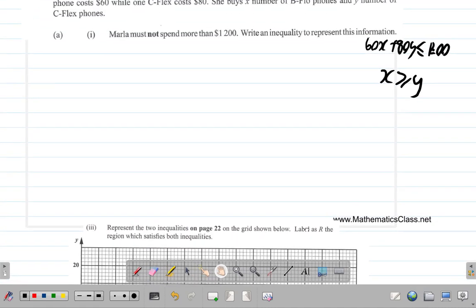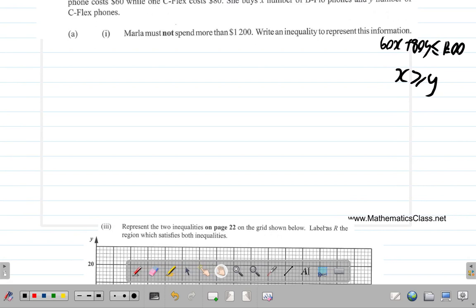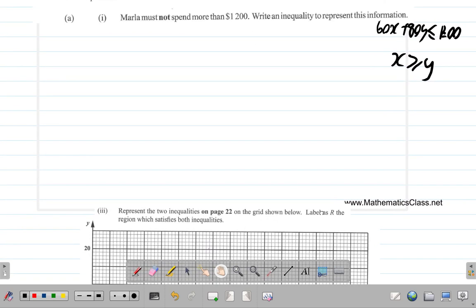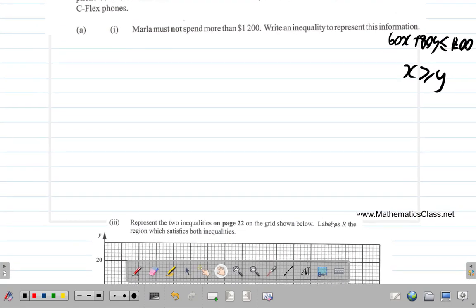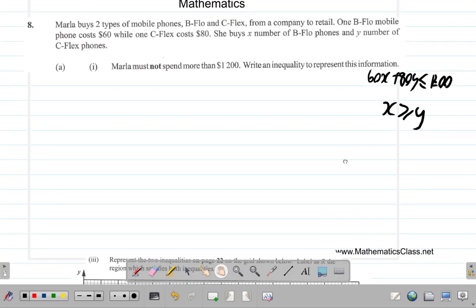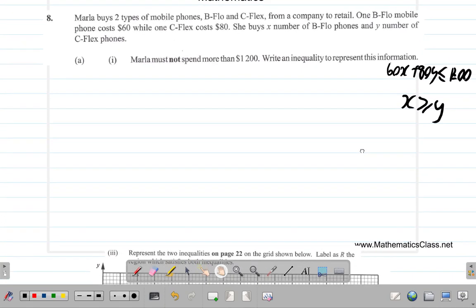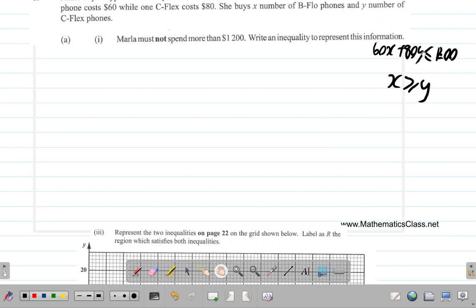Now, the thing is, you have 60x plus 80y less than or equal to 1200. What are you going to do? You can cancel this down. You have some big numbers here, see if you can cancel them down.